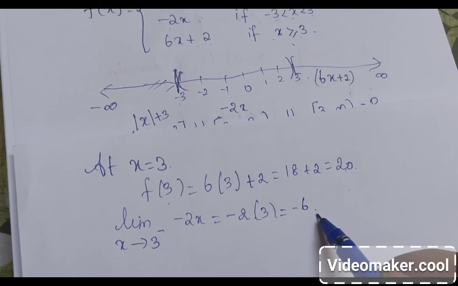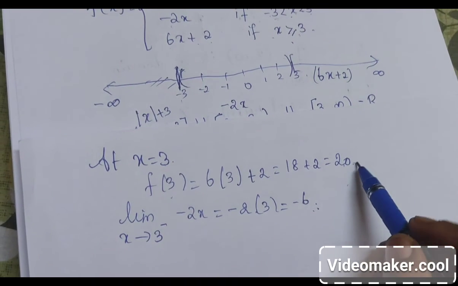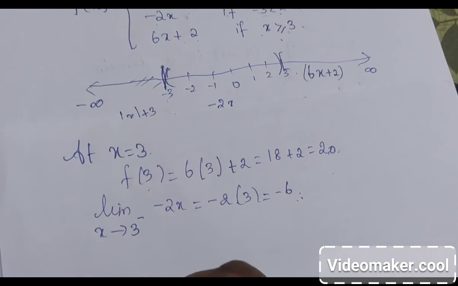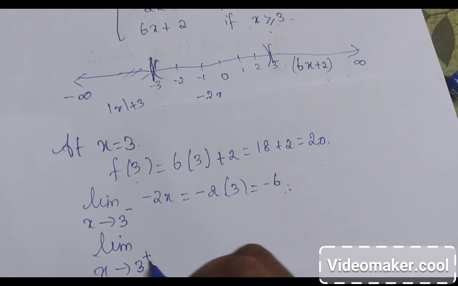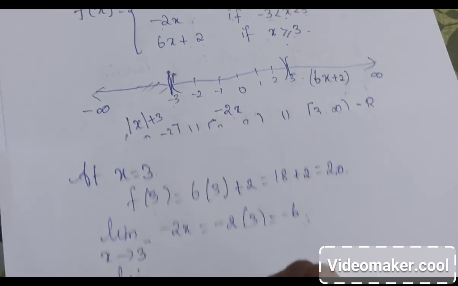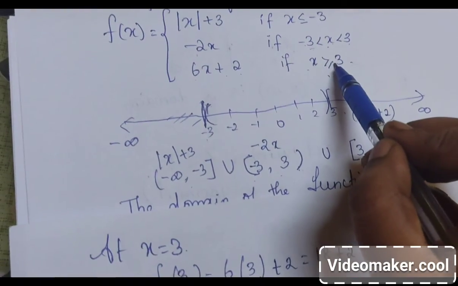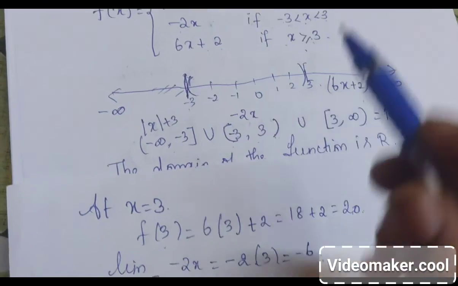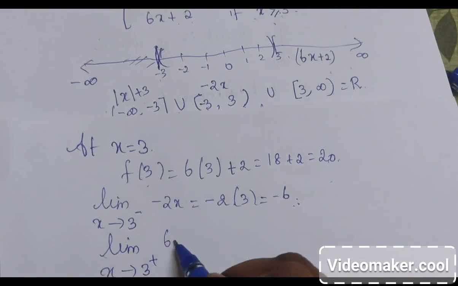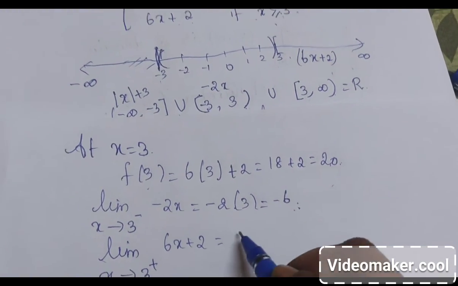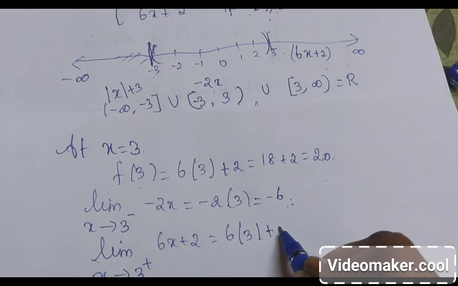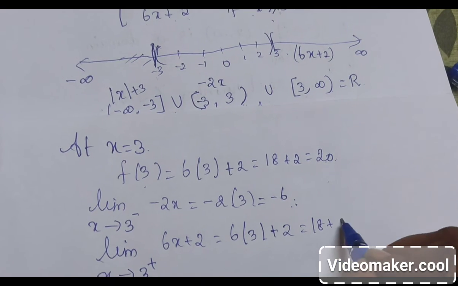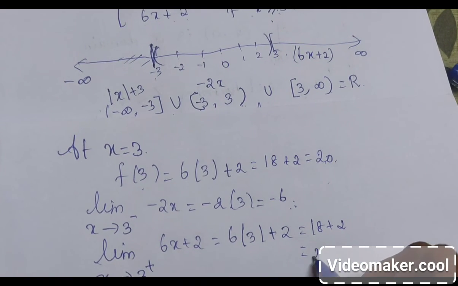So here itself we can say the left hand limit is not equal to the functional value, but still we can calculate the right hand limit too. Limit x tends to 3 from the right hand neighborhood. Again in the right hand neighborhood, the function is 6x plus 2. So 6 into 3 plus 2, 18 plus 2, which is 20.